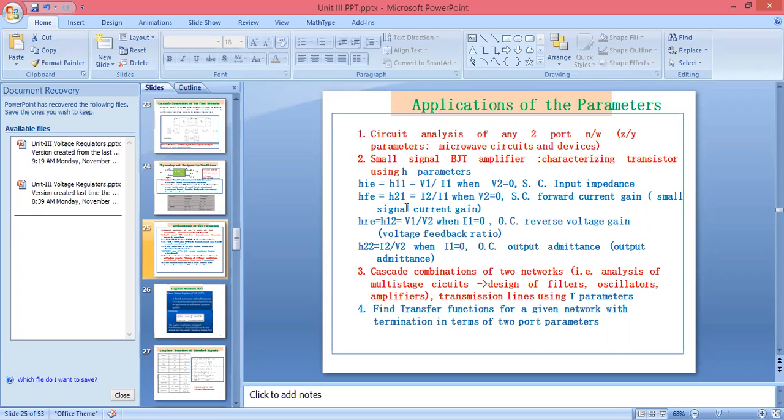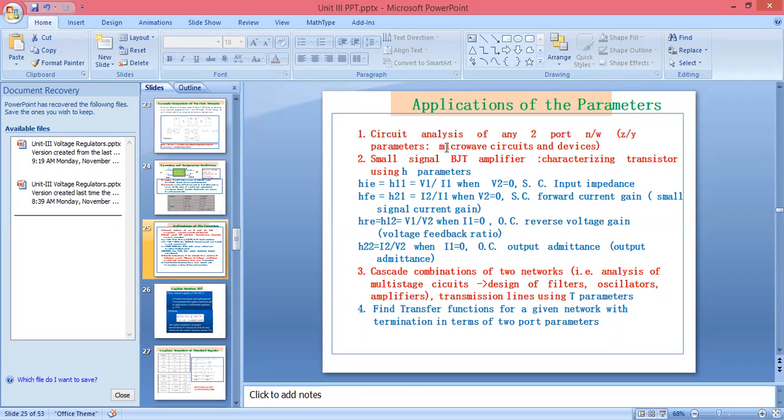We can calculate these values in terms of voltage and current because, according to Ohm's law, V equals IR, so you get H as impedance, R equal to V by I. So the H parameter is V by I. H11 we can take as V1 upon I1, and at that time we make V2 equal to 0 because we take the second port as a short circuit.